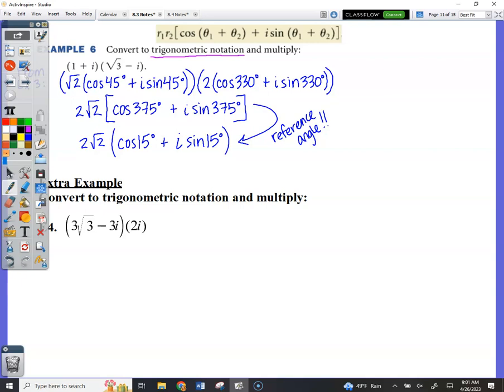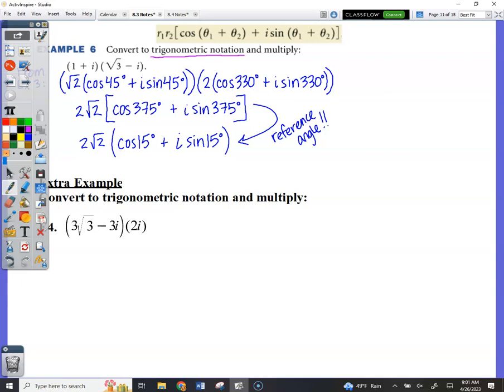We came to 2 root 2 cosine 375 plus i sine 375. 375 is bigger than one full rotation, so it makes sense to say, let's calibrate that.